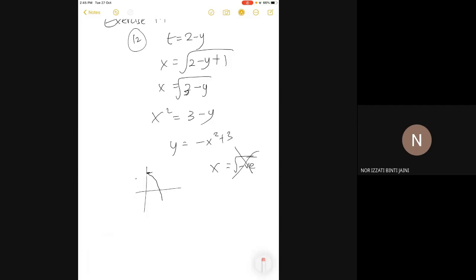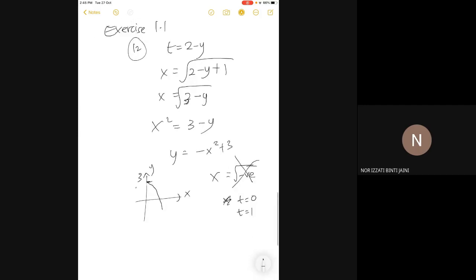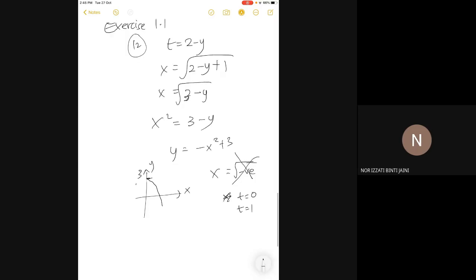And then tinggal lagi awak nak cari orientation dia. Okay, tinggal lagi awak nak cari orientation. Carilah T equals to 0 dah apa-apa, T equals to 1 dah apa-apa. Okay, so T equals to 0, X equals to 1, Y equals to 2.